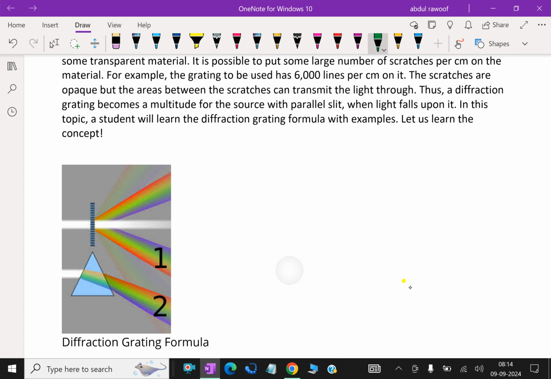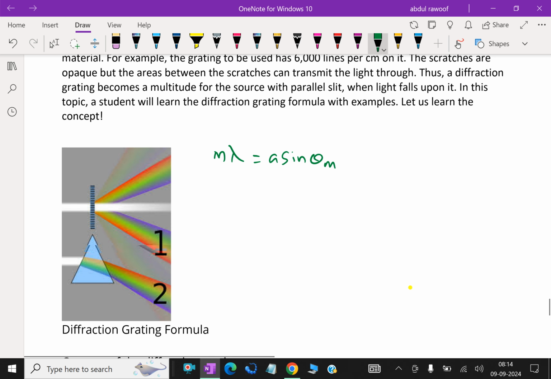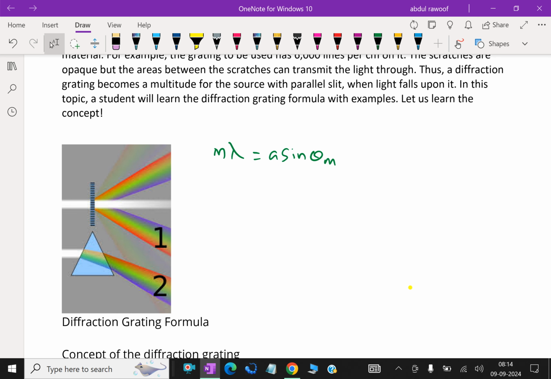That is m lambda equals a sine theta m, where m is whole numbers 1, 2, 3, and so on, the order number of the diffracted image. It's called order number.